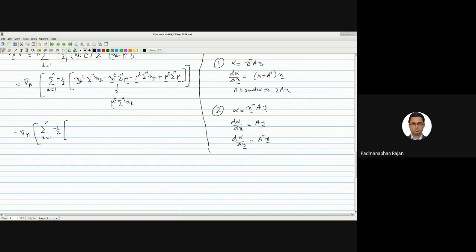The first term I'm going to ignore because it is going to be 0 when you take the derivative. I will just write minus 2 mu transpose sigma inverse xk plus mu transpose sigma inverse mu.